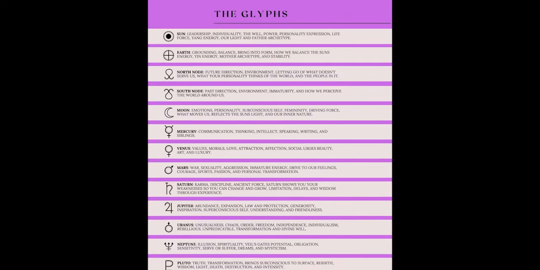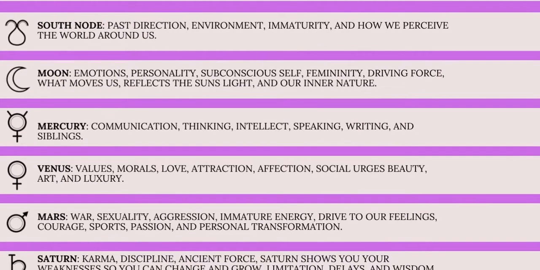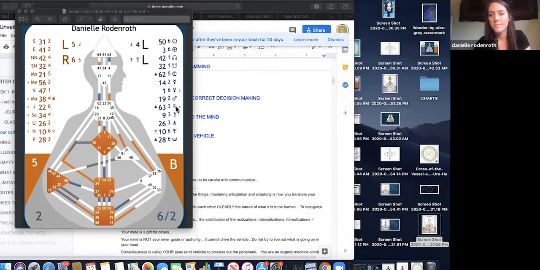You want to see what planet is in that gate, because that's also going to provide a lot of information. So we're starting to see how, in order to have a holistic approach to this, you have to learn a lot of information.